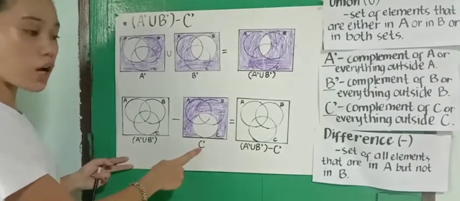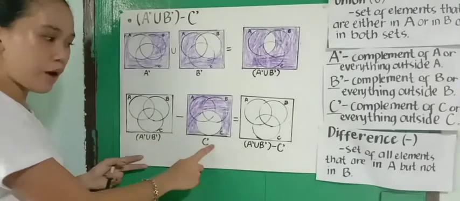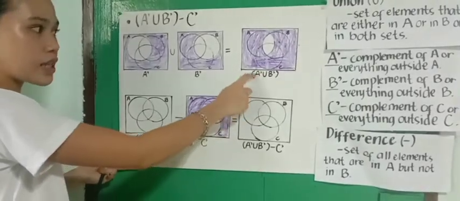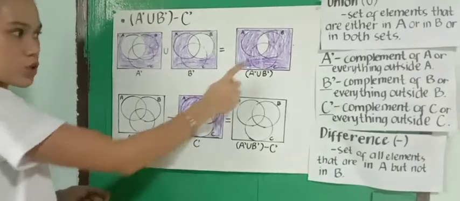And since we are looking for the difference of A prime union B prime and the C prime, we will just copy the A prime union B prime because we already got this.